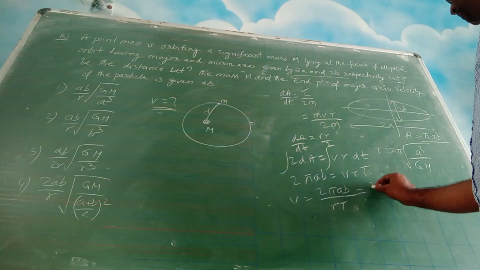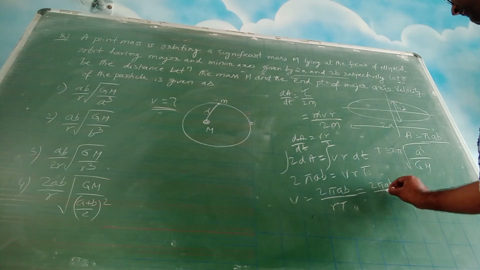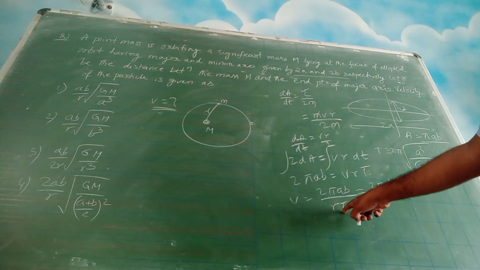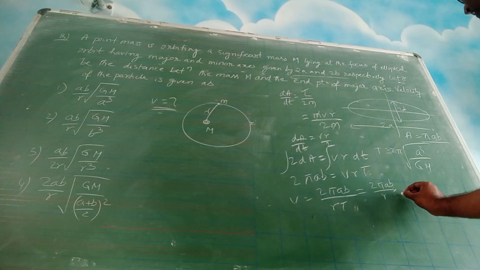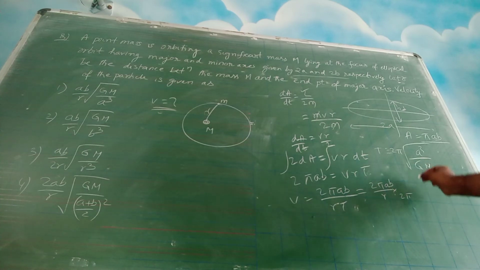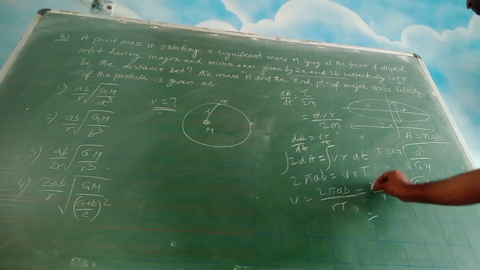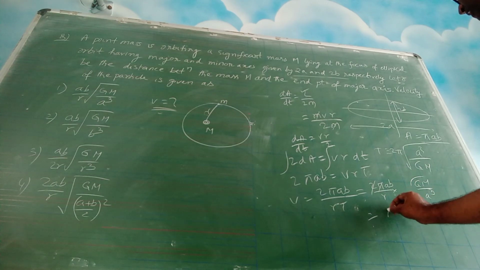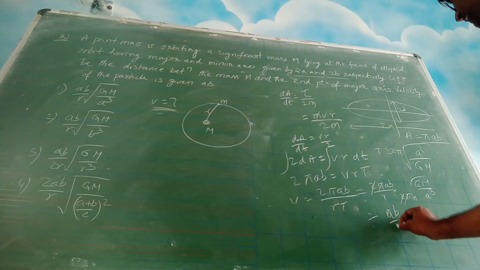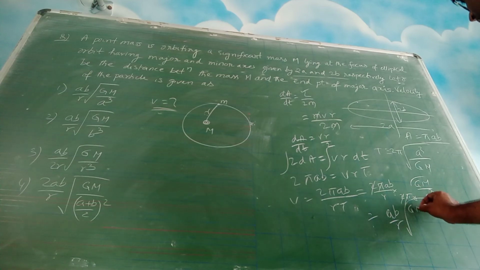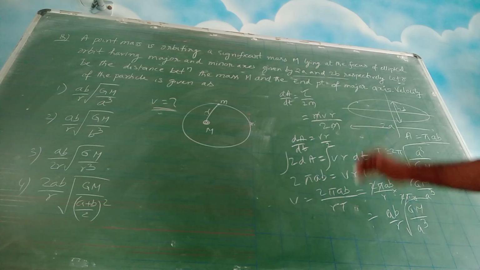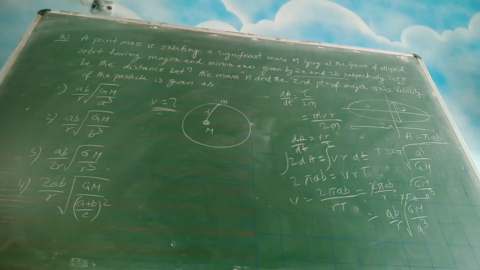So you get 2 pi ab by r into T. So T here is 2 pi multiplied by, this will go to the top, root GM by a cube. So 2 pi cancels. So you are left with ab by r into root over GM by a cube.